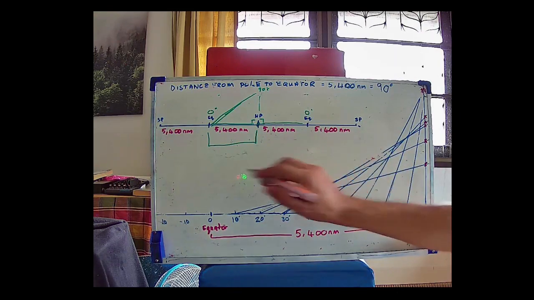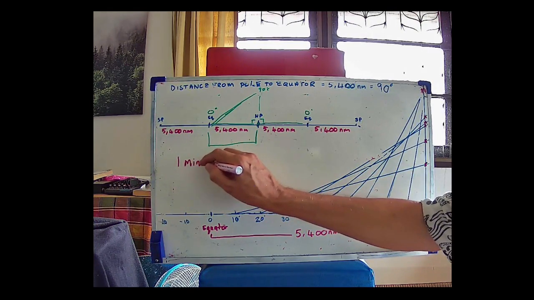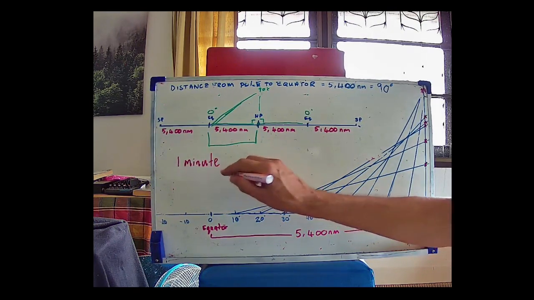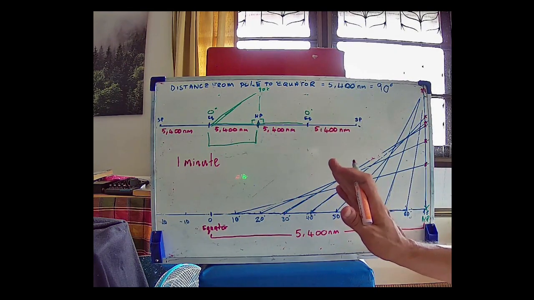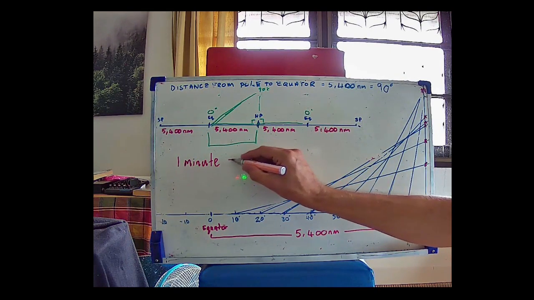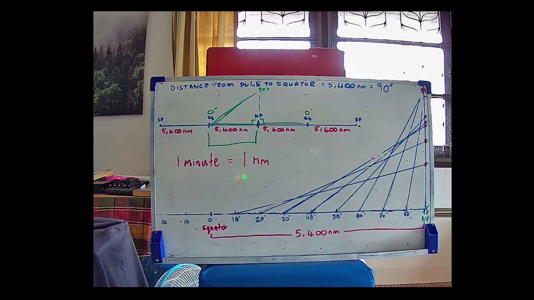For example, 1 minute, now this isn't a minute of time, it's a minute that's a fraction of a degree, is equal to 1 nautical mile.